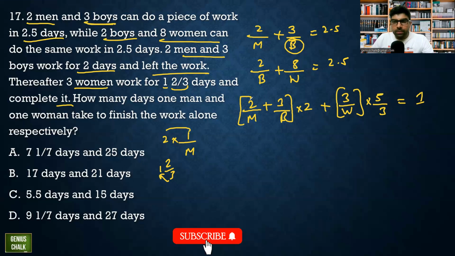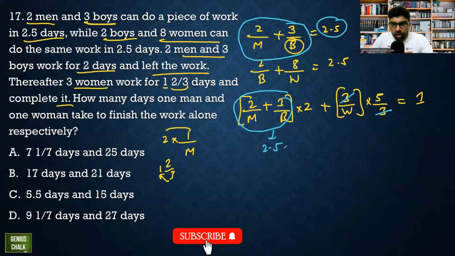So let's see, 3 cancel, and something we can use from here is we can get the value of this. So you can see 2 by M plus 3 by B is 2.5. We use it from this equation. So 2.5 into 2 is 5, and this 5 by W is equal to 1. So this is 5.